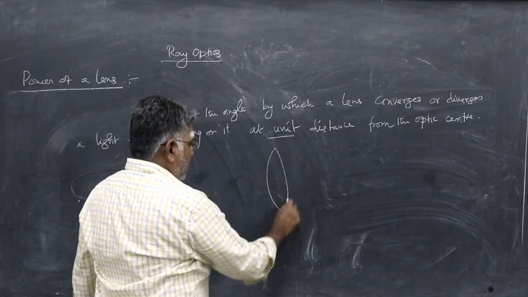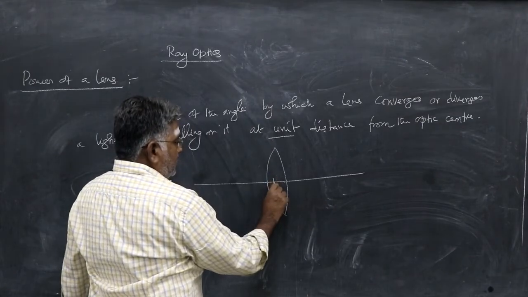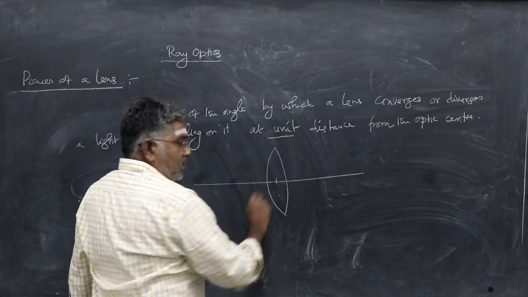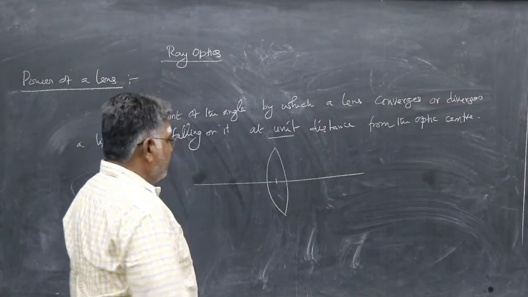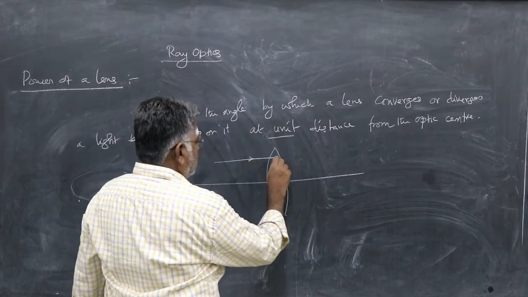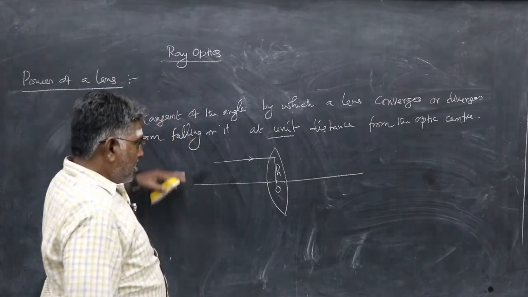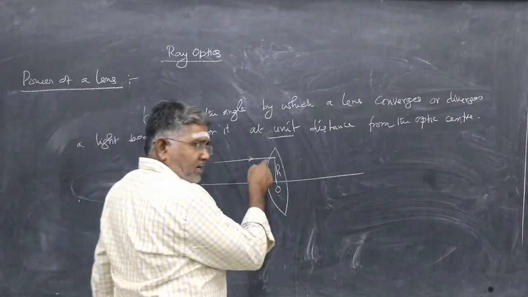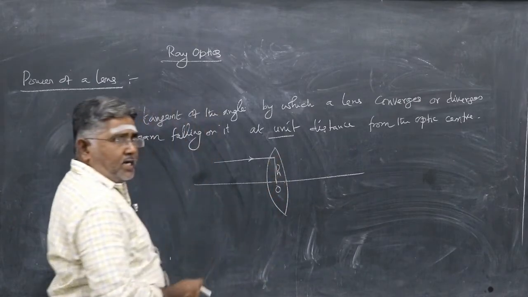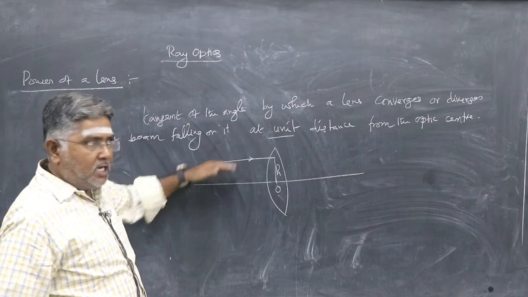Let's say this is a convex lens, this is the optic center. My diagram is a rough diagram. Let's say a light beam is incident on it. Say this is H. When the light falls on it, I am taking a paraxial ray, a ray close to the axis and parallel to it.